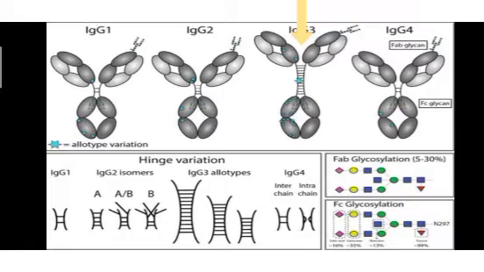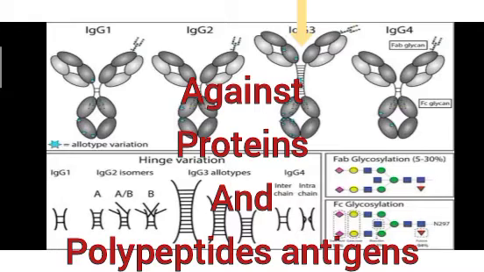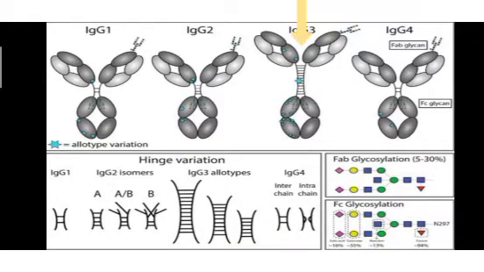IgG3 comprises around 5 to 10% of total immunoglobulin G and plays a major role in the immune responses against protein or polypeptide antigens. And the affinity of IgG3 can be higher than that of IgG1.